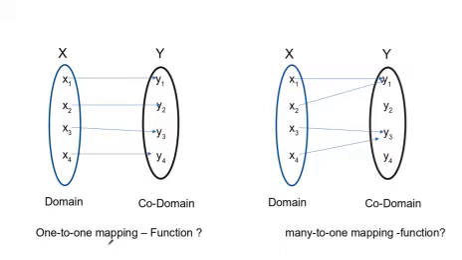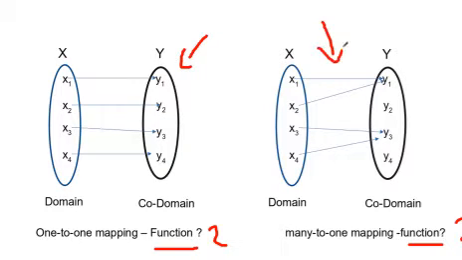So we talked about 4 different types of mapping. So out of 4, what relationships can be called as functions? So I have mentioned here function. Can you guess? So this is one-to-one mapping, this one, this is many-to-one mapping. Can you guess which is a function and which are not, which can be called a function and which can't be called a function? So you can try this out and ask me during the next class, where we'll discuss this and see how many of you have figured it out.